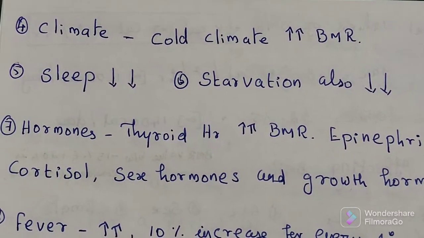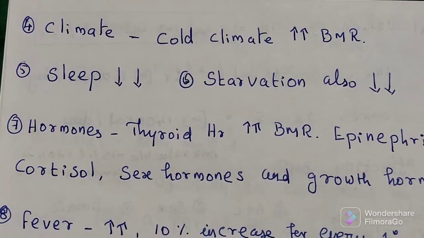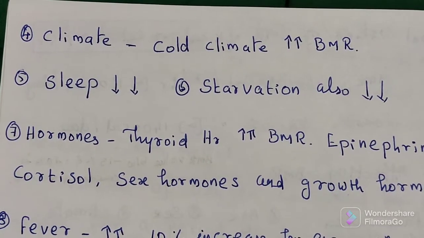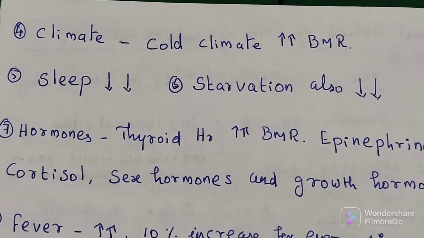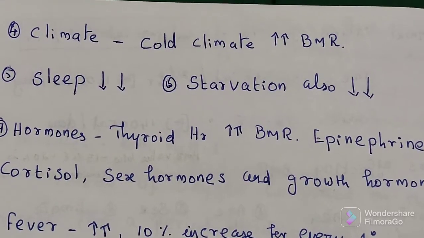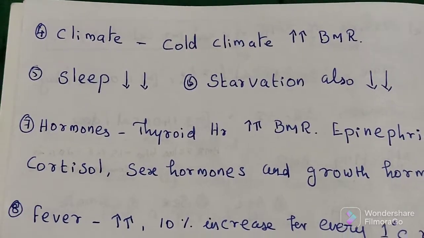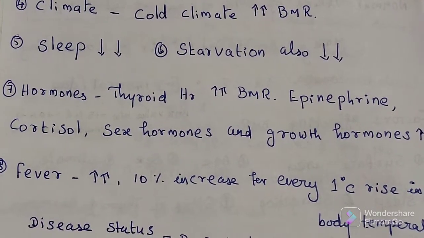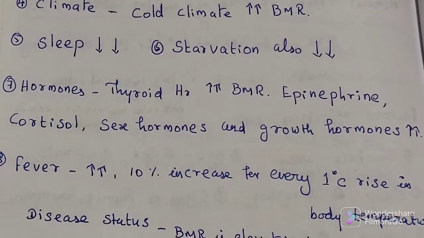Next, fourth factor, climate. BMR is higher in cold climate compared to warm climate. Then sleep decreases BMR, then starvation, where up to 50% decrease has been reported. Then hormones like thyroid hormone increase BMR, and epinephrine, cortisol, sex hormones and growth hormones also increase it.